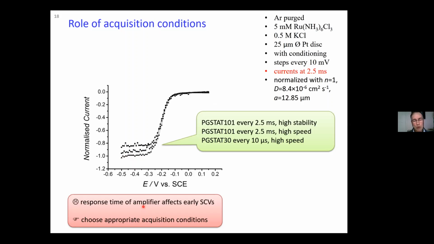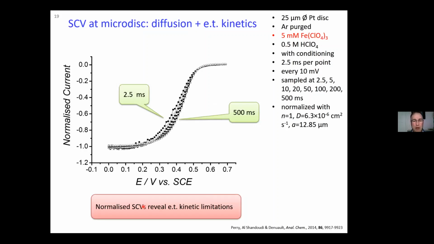Now, I want to show you how we've exploited the sample current voltammograms to reveal kinetic information. So we've taken a slowish redox couple, and we've performed the sample current voltammograms and sampled the current as before. And what we've done is to normalize the sample current voltammograms and compare the shape of the normalized sample current voltammograms.